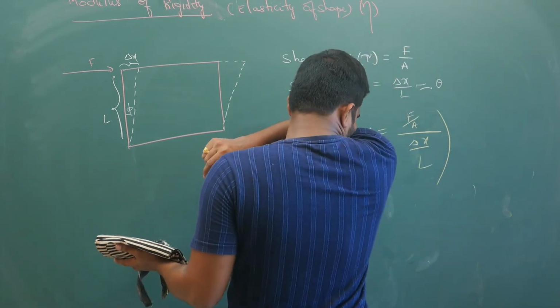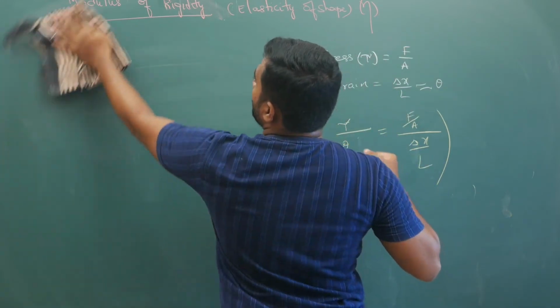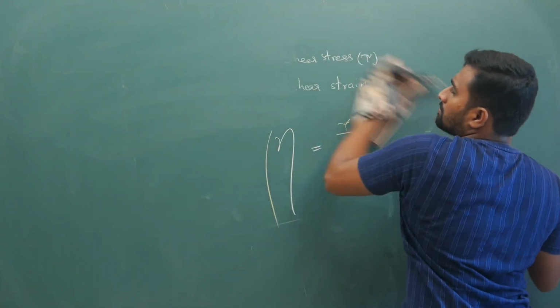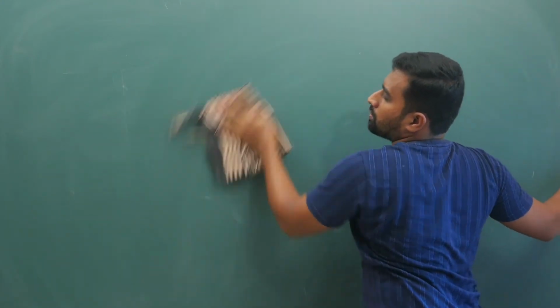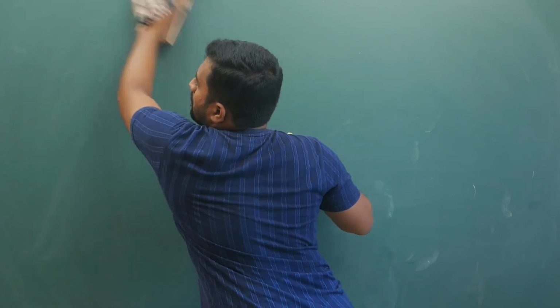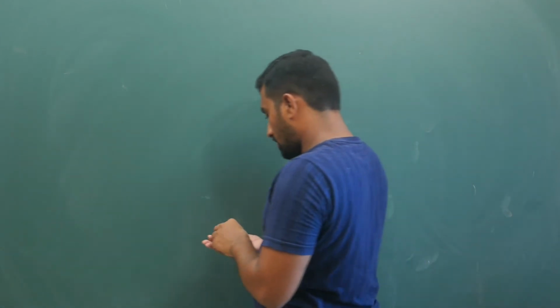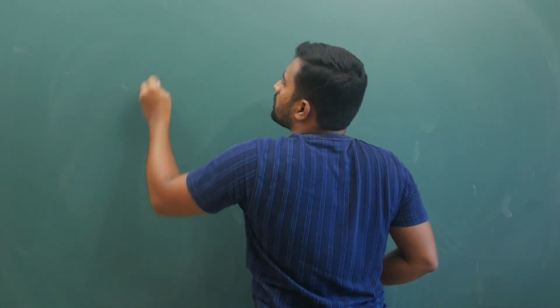Next, your next part is your Poisson's ratio. Now what is your Poisson's ratio? I will tell you.